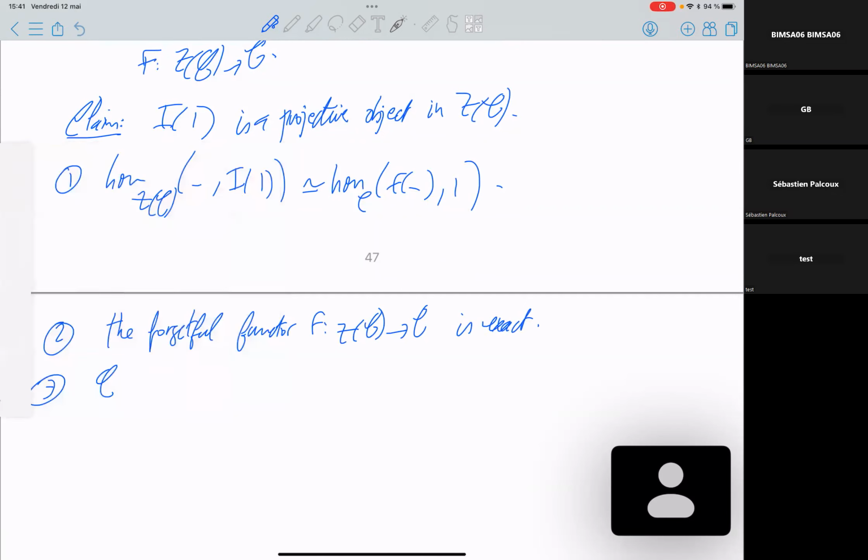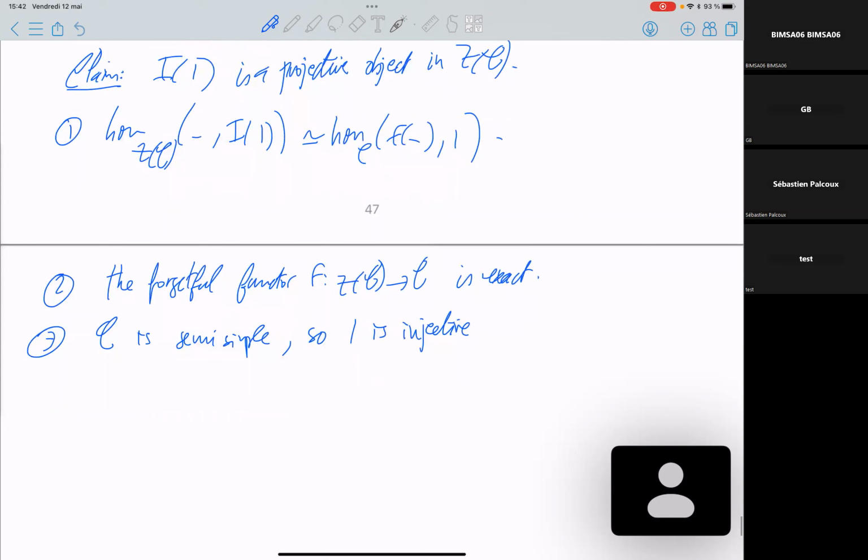C is a fusion category, so it's semi-simple. So the unit is injective. In fact, remember that semi-simple is equivalent to every object being projective and injective, and it's equivalent to 1 being projective and injective. So 1 is injective.